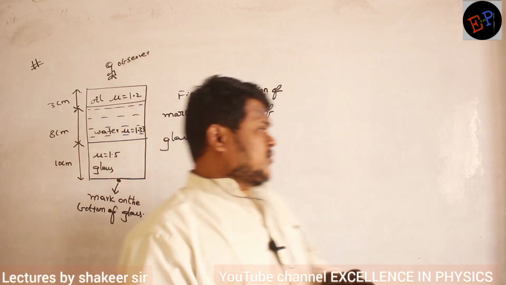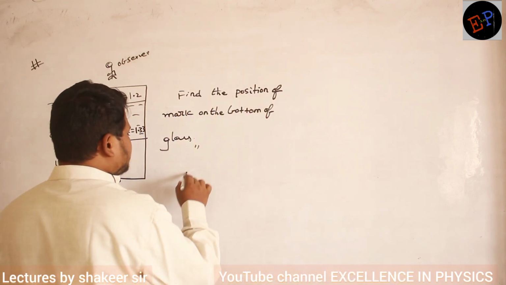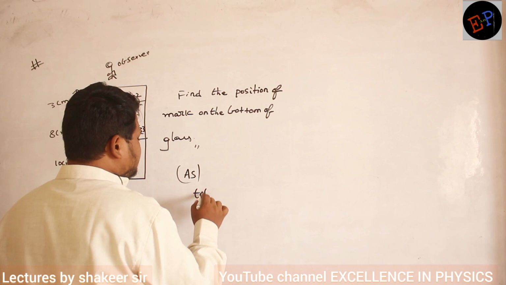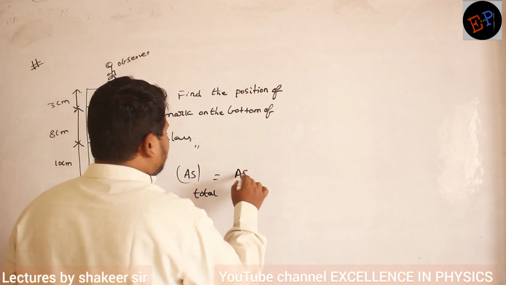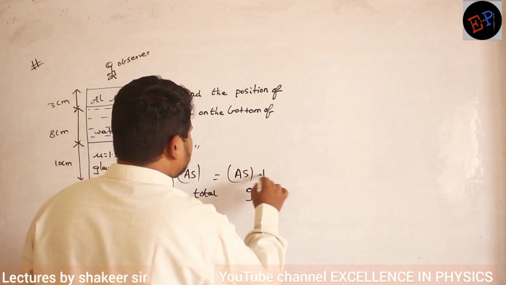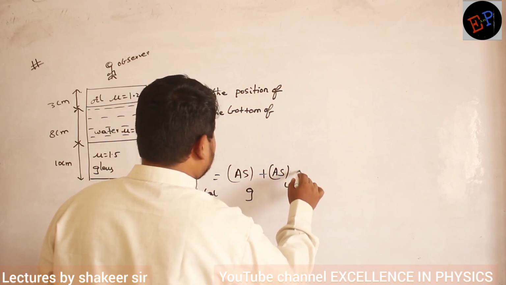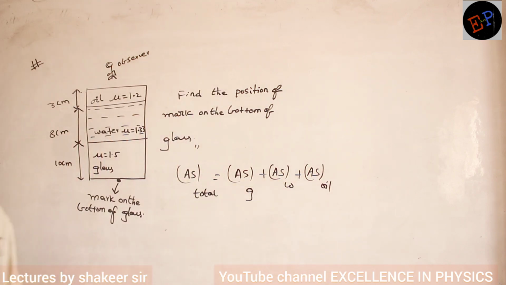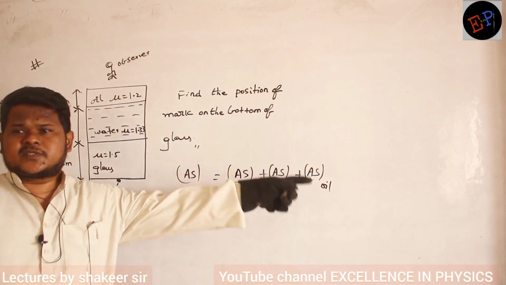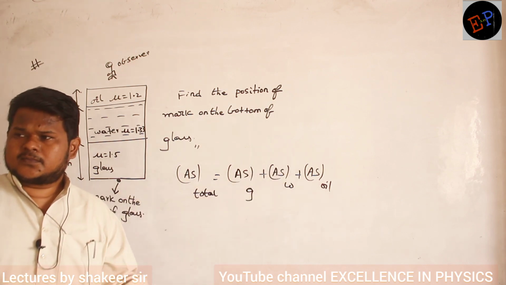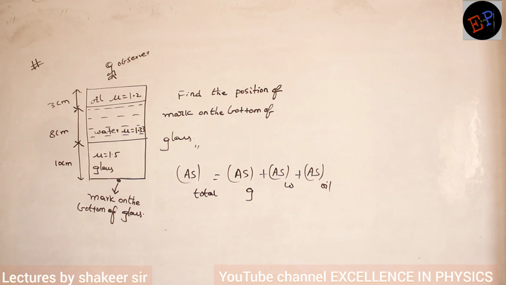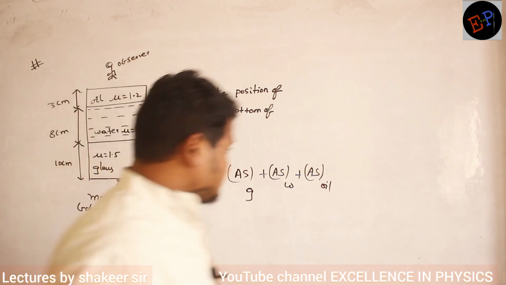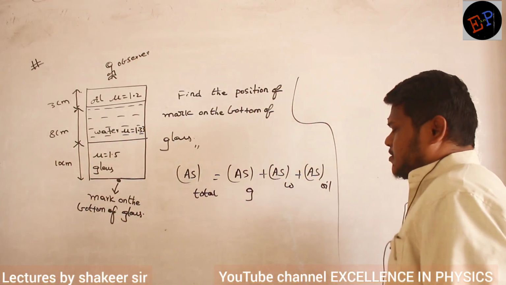So the total apparent shift is the apparent shift because of glass, plus the apparent shift because of water, plus the apparent shift because of oil. So you calculate the apparent shifts individually and add all of them; that will be the total apparent shift. Are you able to understand? This is the method in which we are supposed to do this problem. Fine. A very famous question asked many times in previous examinations.